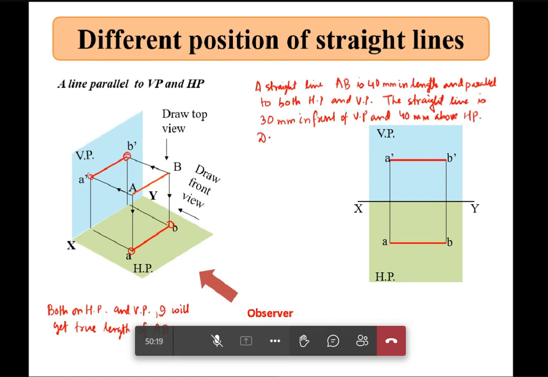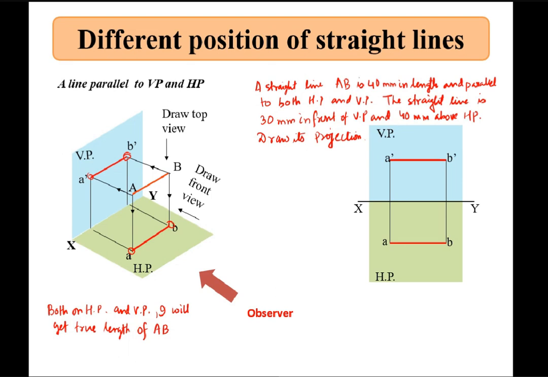Draw its projection. To draw its projection, I'll draw the straight XY line. It is given that the straight line is 40 mm in length and parallel to both HP and VP, 30 mm in front of VP and 40 mm above HP.